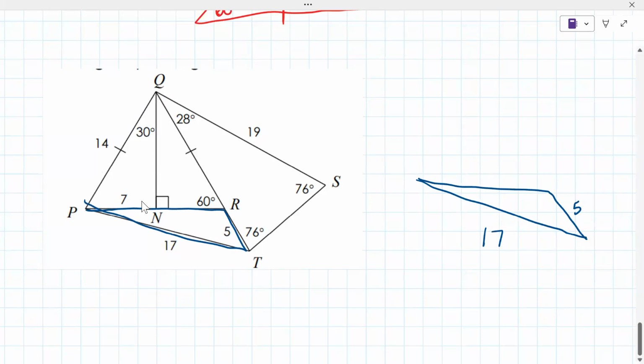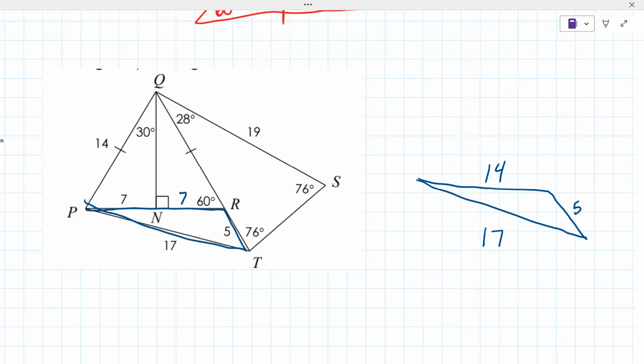From the previous drawing, we actually know that NR is also 7, which makes this 14. So it's a scalene.